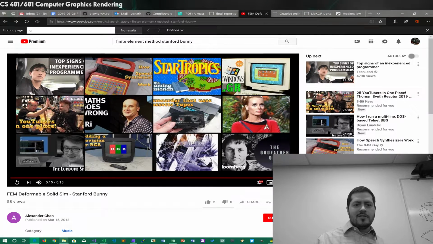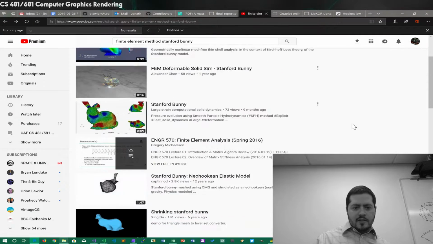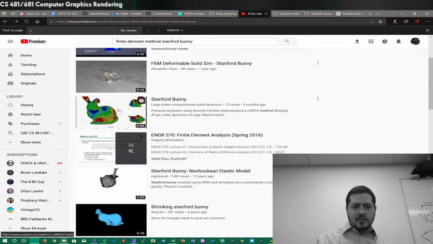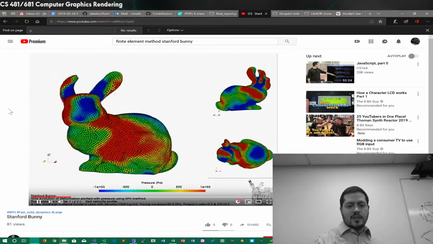So hopefully you have it set up so that if you need it, you can animate it out. Okay, so there's the idea there. Here's solid dynamics. Sometimes they'll use SPH, smooth particle hydrodynamics, as well, because you could take the particle approach to the whole thing.